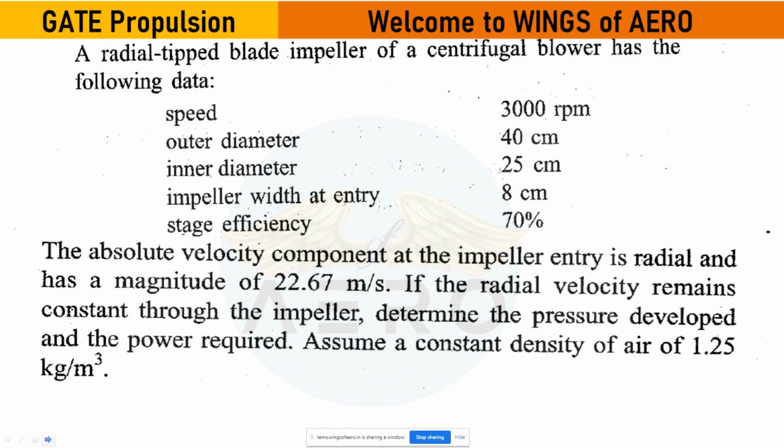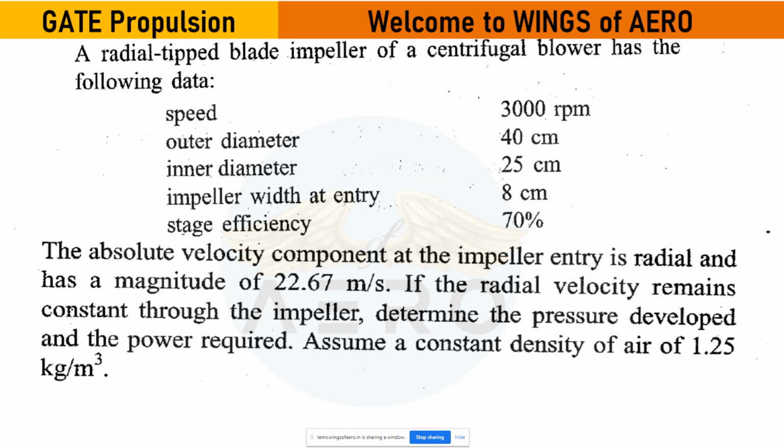That was a very easy question. Let's find this one. A radial tipped blade impeller of a centrifugal blower has the following data: speed, outer diameter, inner diameter, and impeller width at the entry are given, and stage efficiency is 70%.